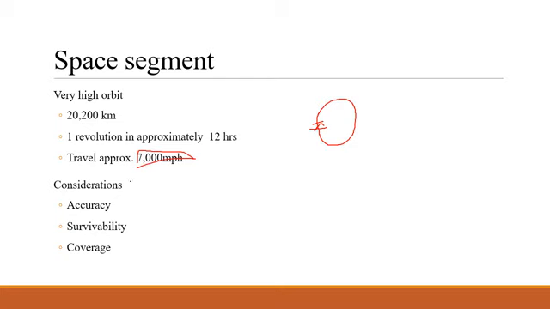We are going to consider here accuracy, survivability, and coverage. These are generally considered for GPS space segment satellites, where accuracy, survivability, and coverage all are seen. That is, is the satellite accurately giving us the location?